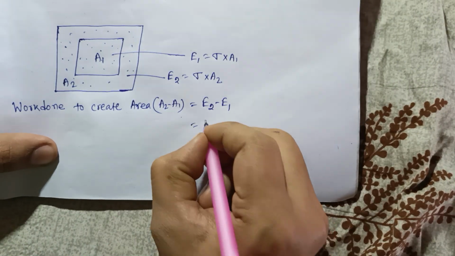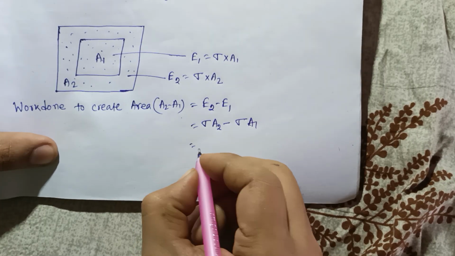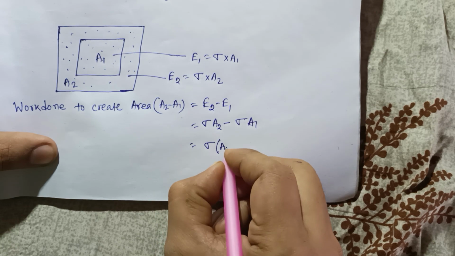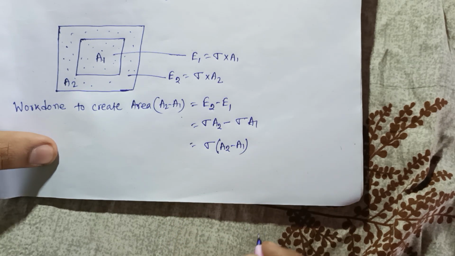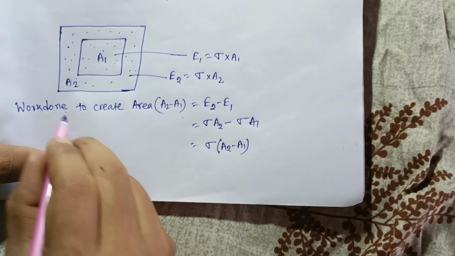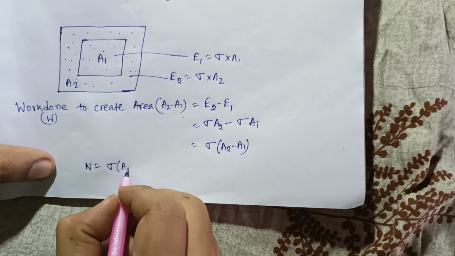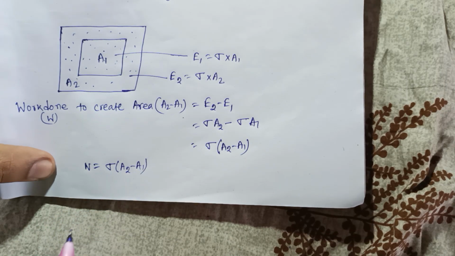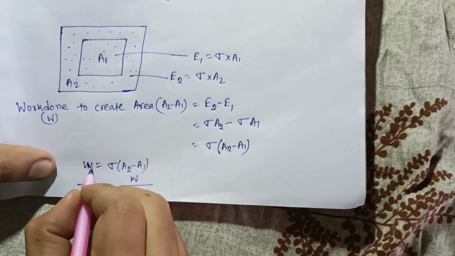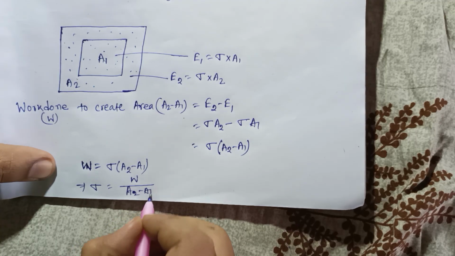That is equal to sigma A2 minus sigma A1, so sigma into (A2 minus A1). So work done W equals sigma into (A2 minus A1). From here, sigma is equal to W by (A2 minus A1).